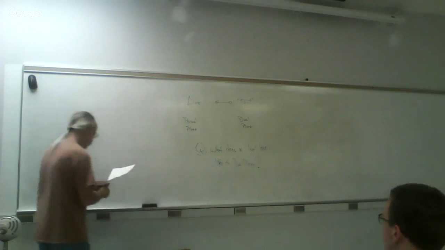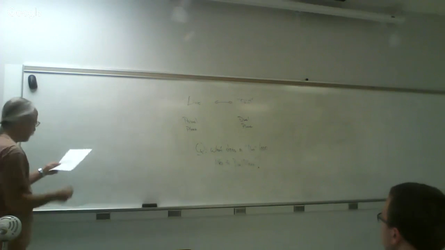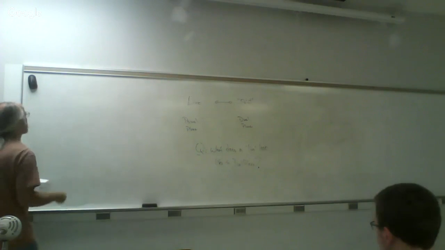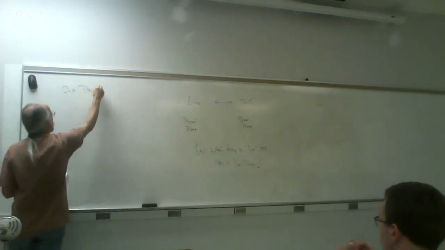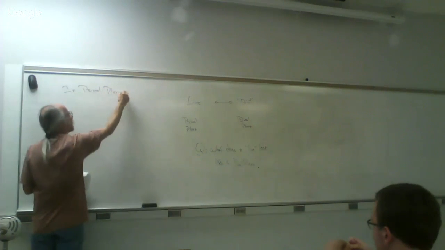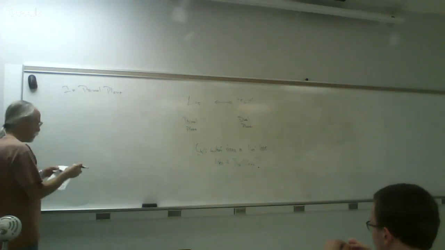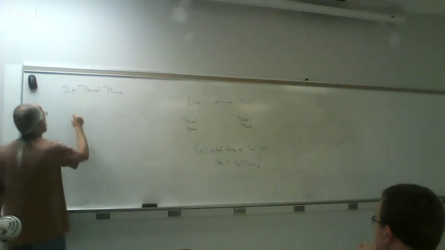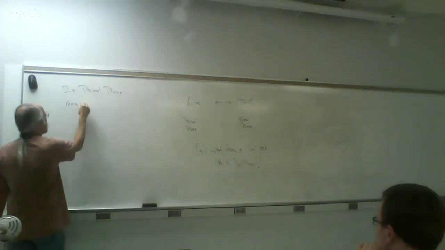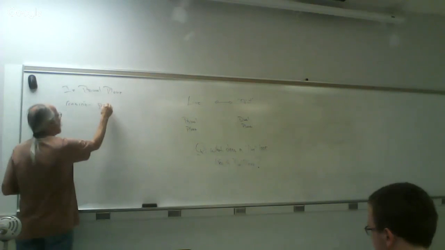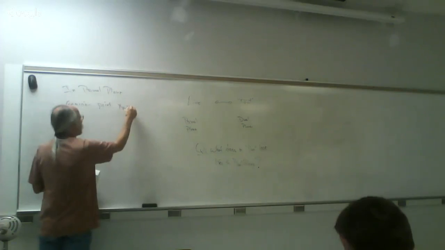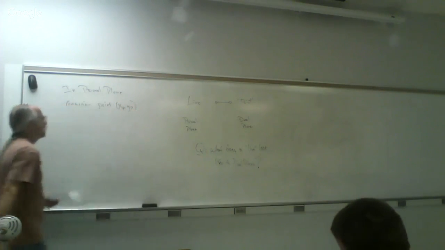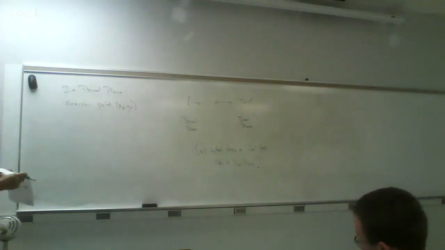So let me do this. Let's, in the primal plane, in normal reality, consider a specific point. So consider the point, I guess I called this x_p, y_p, because they're in the primal plane. But just pick a point out of the normal real plane.